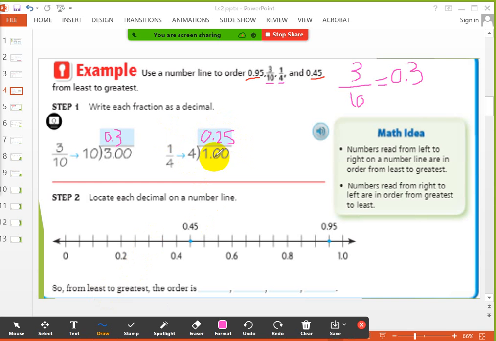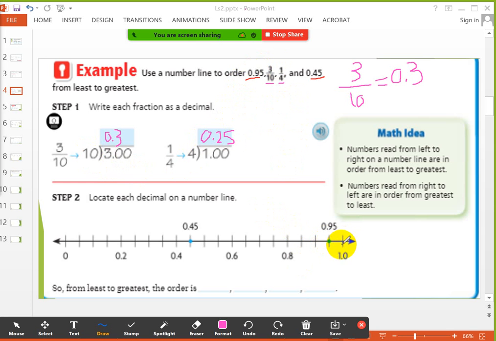Okay? Now, can I compare or order the numbers? Yes, I can. Let's use a number line here. I will locate the numbers on the number line. First, I will take 0.95. Where is 0.95?